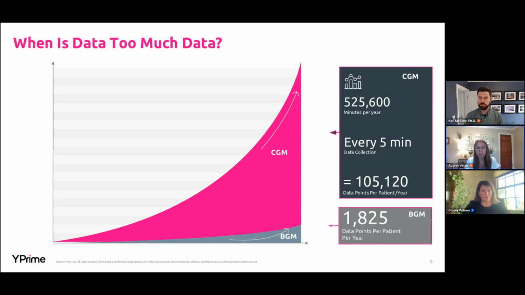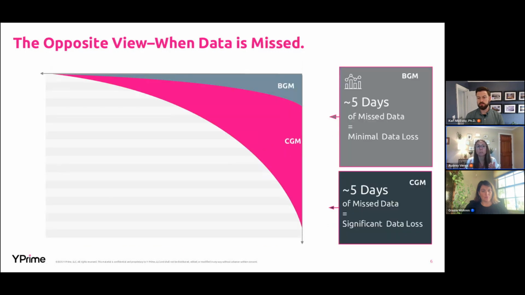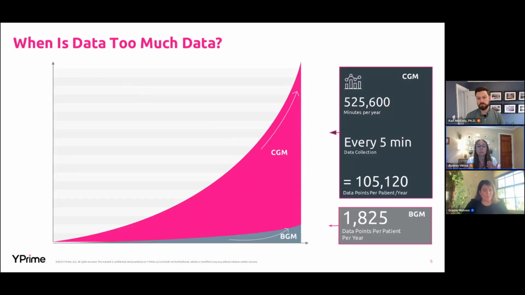With that, not only do we need the ability, I was just still on that other slide. Not only do we need the ability to manage these large data sets, we also need the ability to make clinical decisions based off of these large data sets. So additional factors that we need to look at for CGM would be time in range, time below range, time above range, these glycemic variability indices.